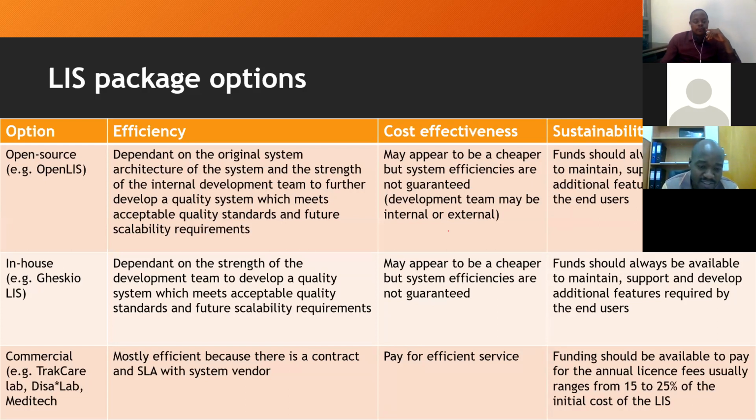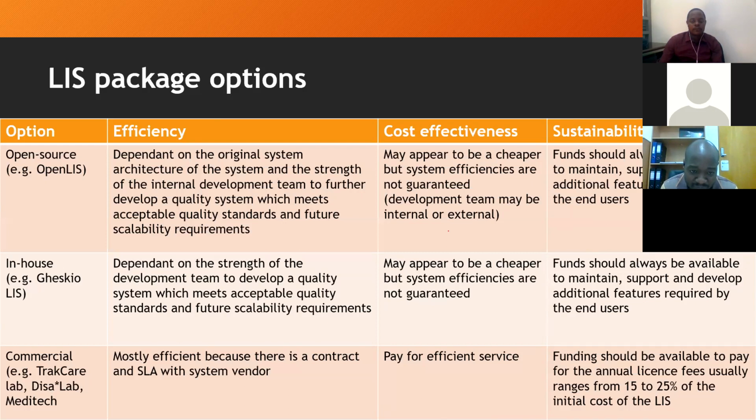A commercial system is mostly an efficient system because it's backed by a contract and a service level agreement with a system vendor. So you actually pay for a service. If they don't deliver, there are penalties in the contract.